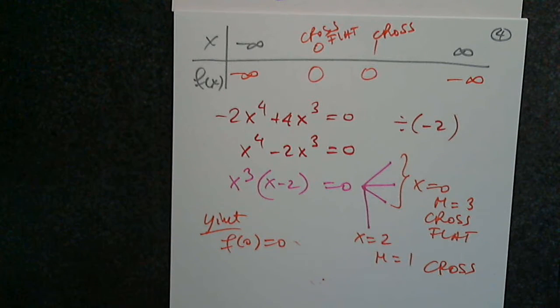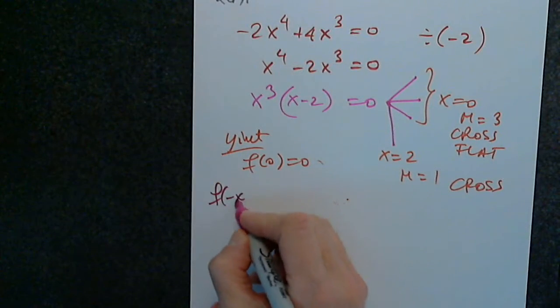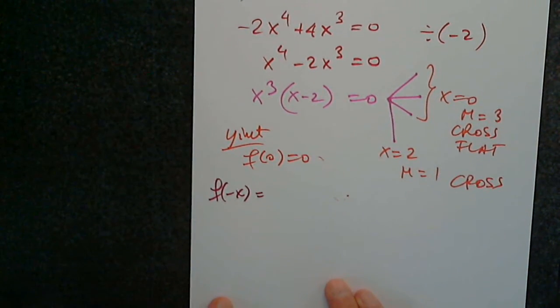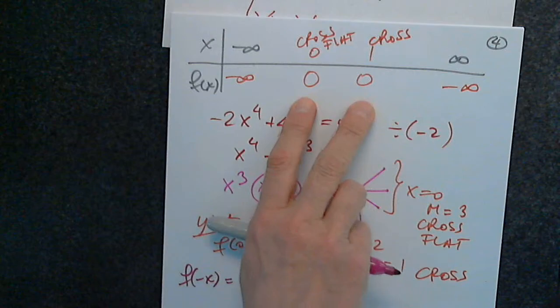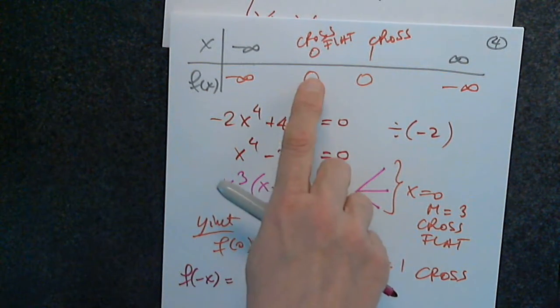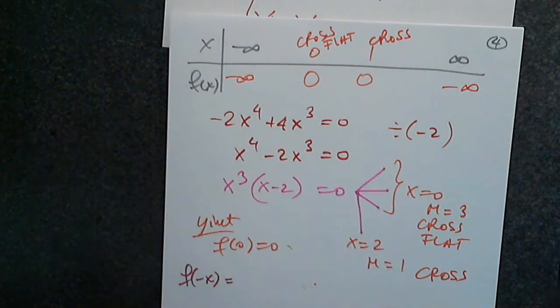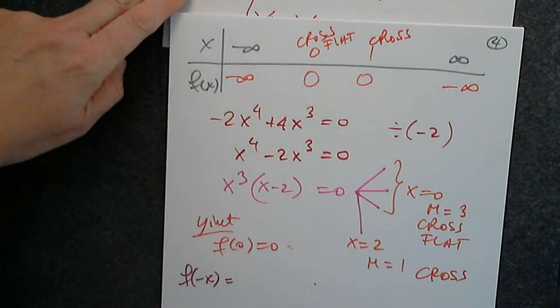We're done. We just have to mention one word about symmetry. Yep, f of negative x. It's impossible for this to be symmetric. If it crosses at 0 and crosses at 2, it cannot be symmetric with respect to the y-axis or the origin.